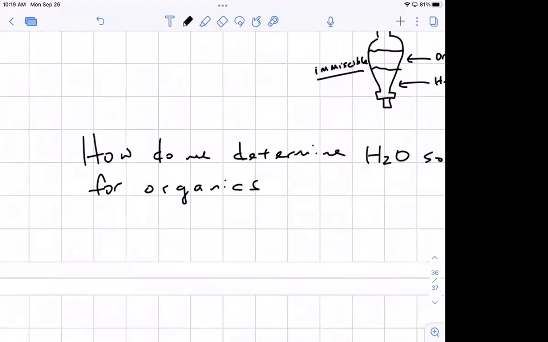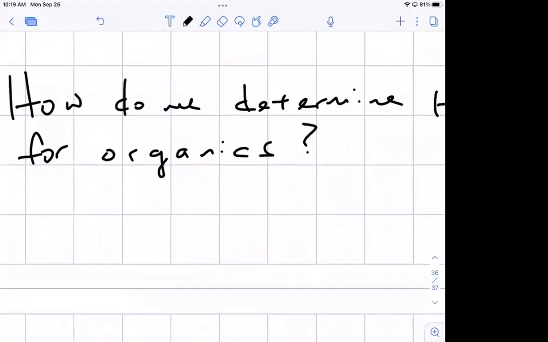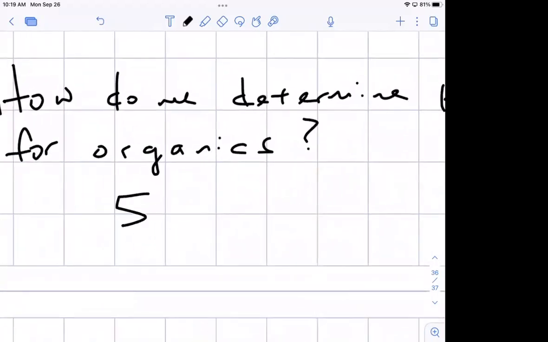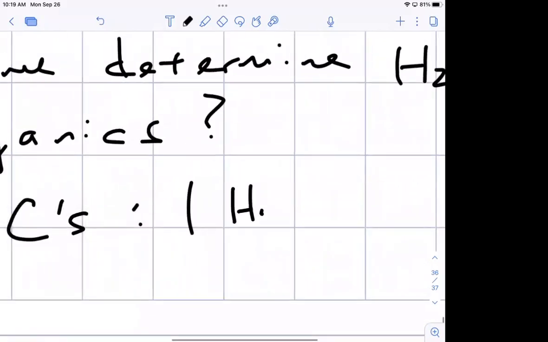Right? In order for an organic compound to be considered soluble in water, can somebody tell me, if you watched the sink or swim, or if you watched the other solubility video, what the requirements are? Is it for every 5 carbons, there must be one hydrogen bonding atom? Yes, who was that? Jamiria.